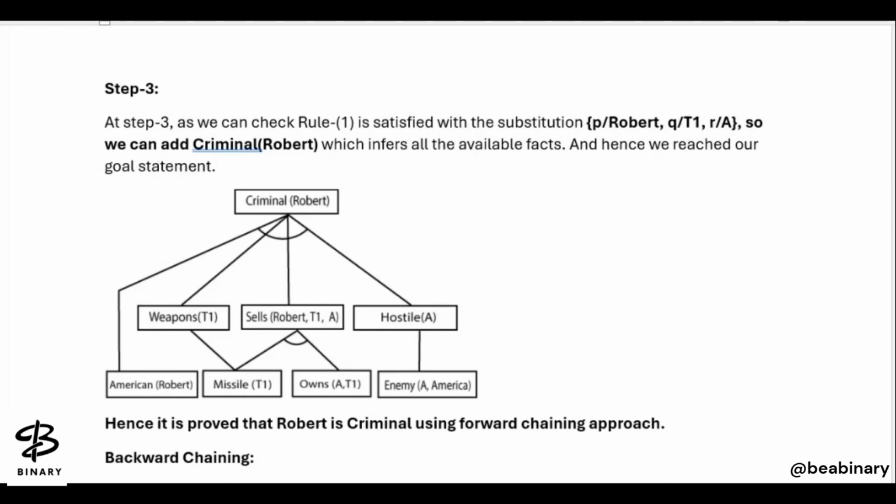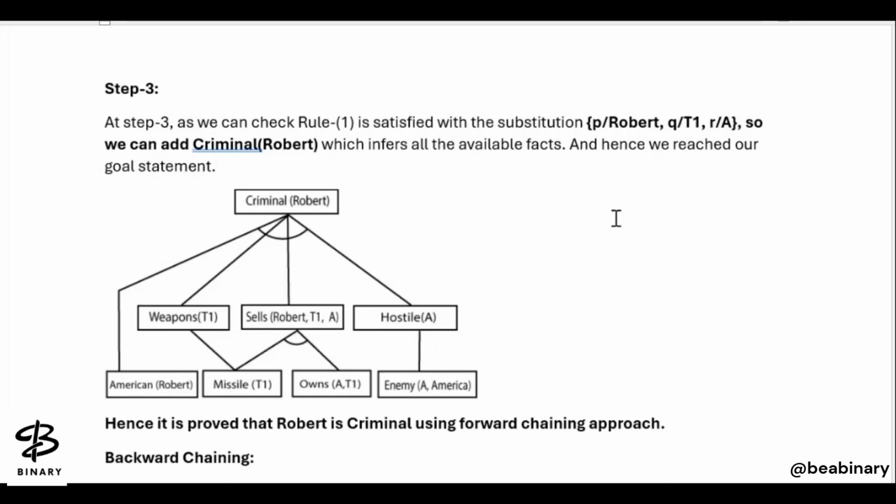In the fourth difference, forward chaining reasoning applies a breadth-first search technique. We talked in unit 1 about what a breadth-first search strategy is. And backward chaining reasoning applies a depth-first search technique.